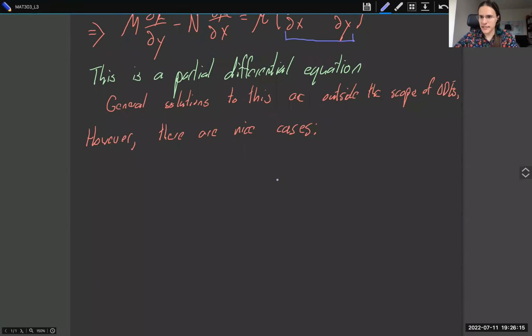They're cases in which the integrating factor has a special form. So basically, they're going to be ansatz on what the integrating factor is. We will assume an ansatz on the form of mu.